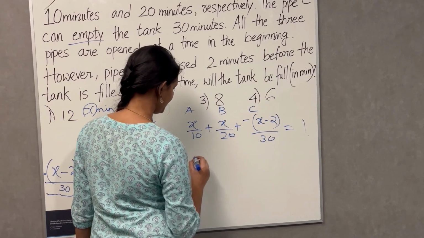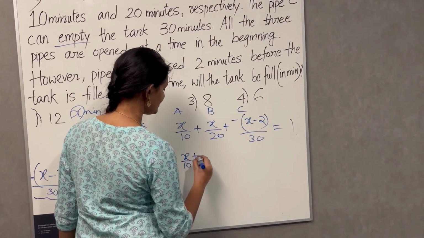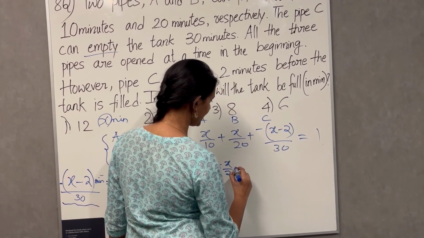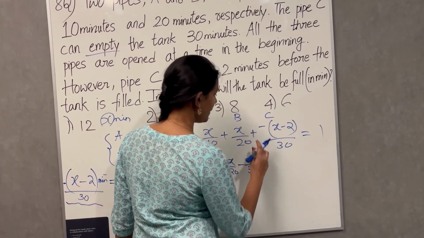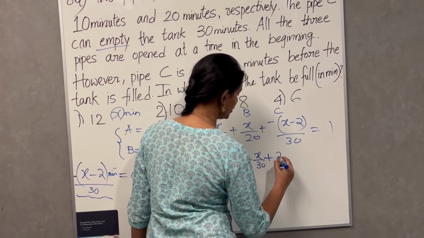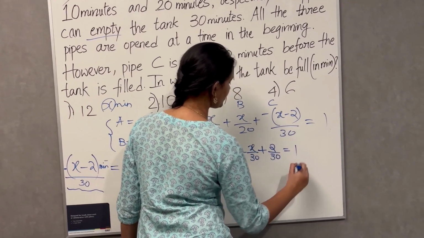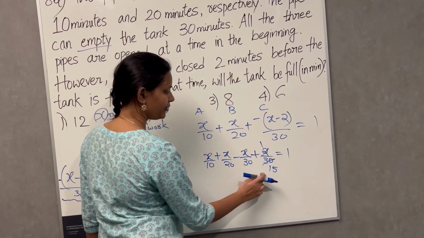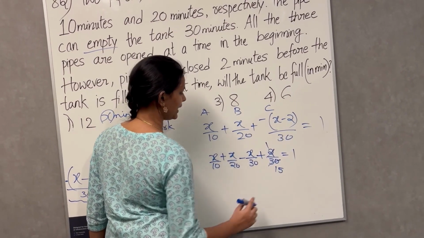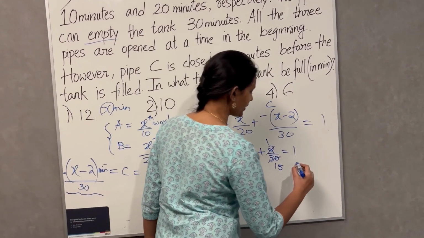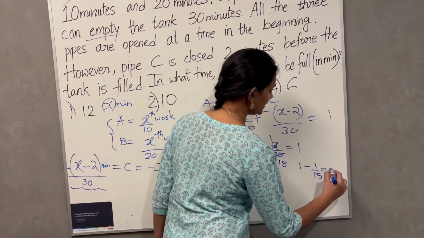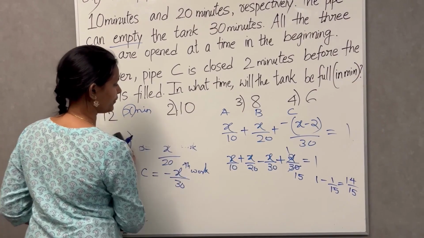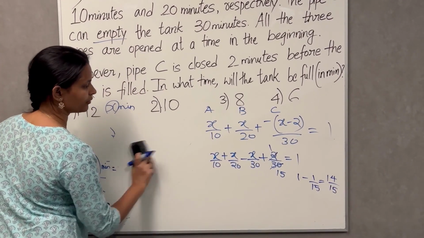So we need to add X/10 plus X/20 plus minus into minus, minus X/30, minus into minus, plus 2/30. 2 ones are 2, 2 15s are 30, so 1/15. Here 1/15 on the left hand side goes to the right hand side, means it becomes 1 minus 1/15, that is 14/15. So we need to equate the left hand side to 14/15.